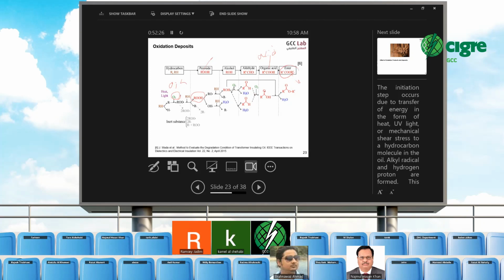If you come to the organic or to the acids, and you have high acids, more than the limit, that means you are mostly in the last stage of oxidation. But if you have ester, that means you already have a problem on the paper. Usually this comes with sludge also. So you have a problem.